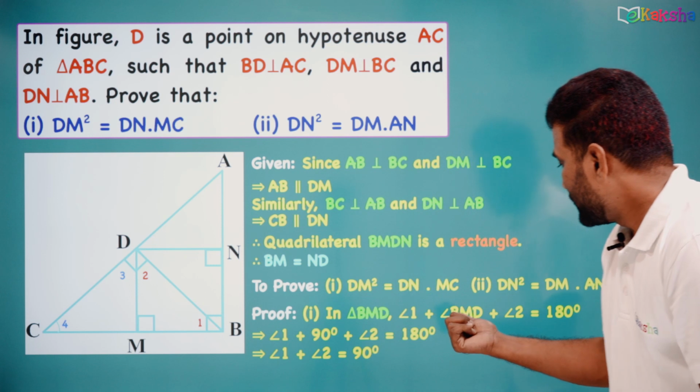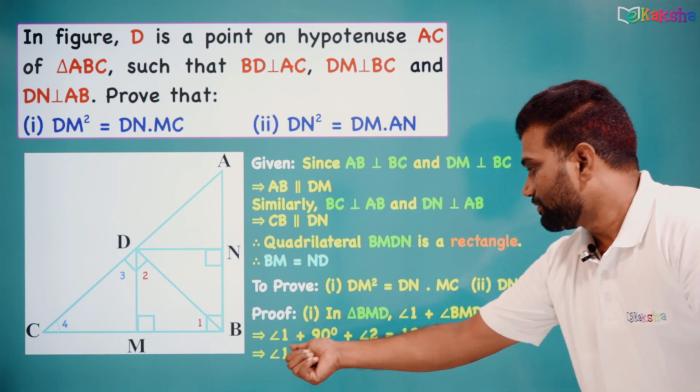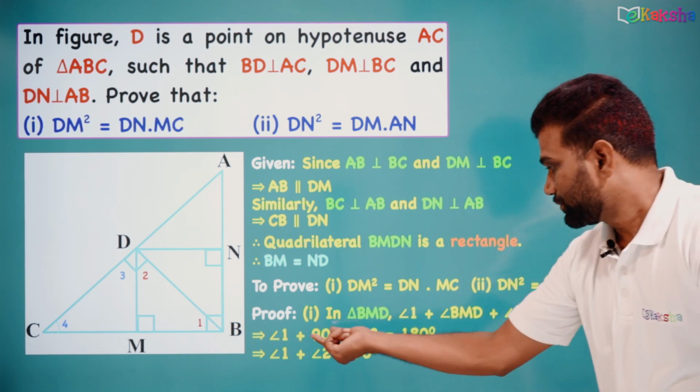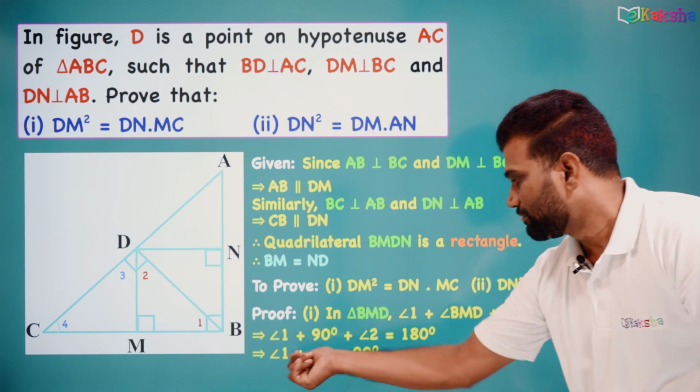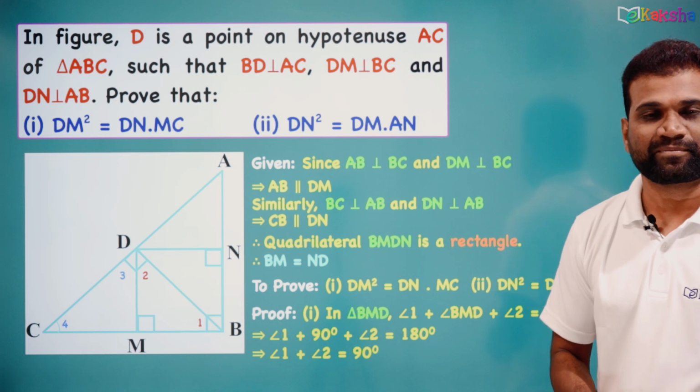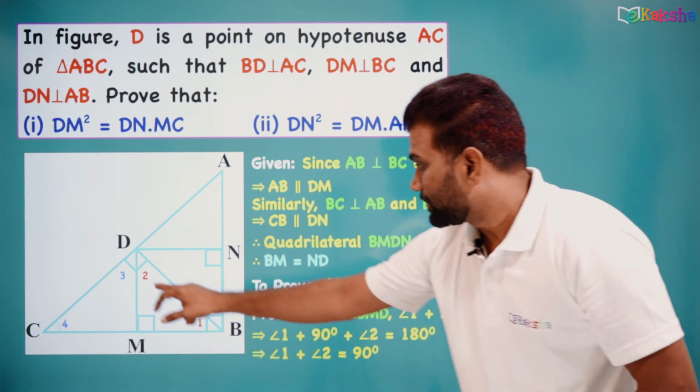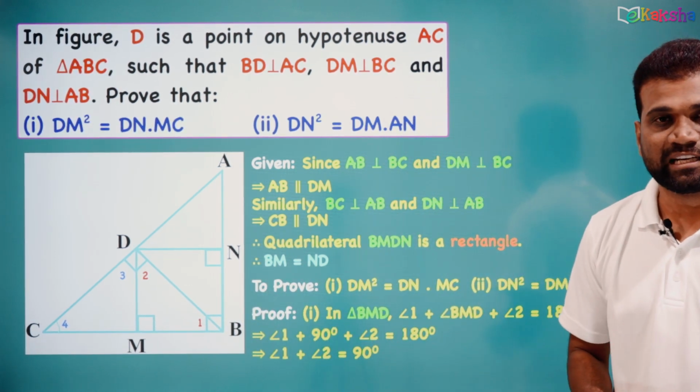Since angle BMD is 90 degrees, bringing this 90 to the other side and subtracting, 180 minus 90 is 90. So angle 1 plus angle 2 equals 90 degrees. This angle plus this angle equals 90 degrees. We have got one relation.